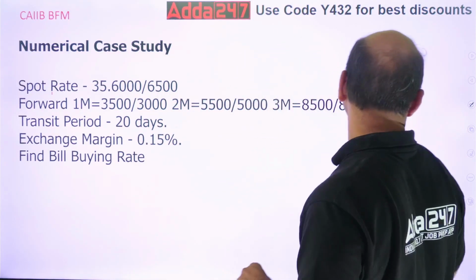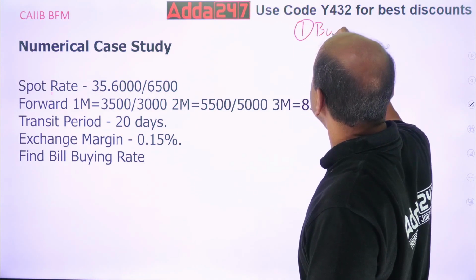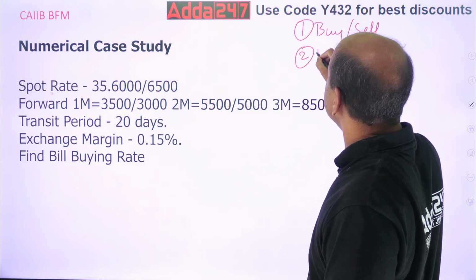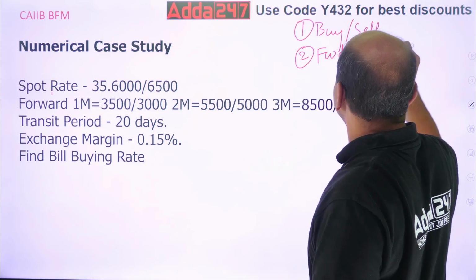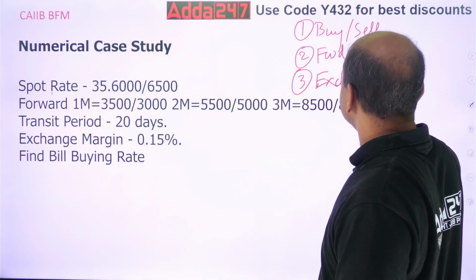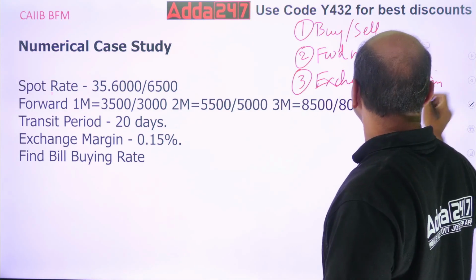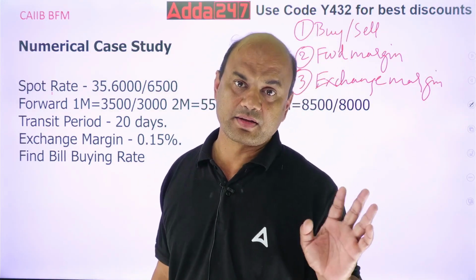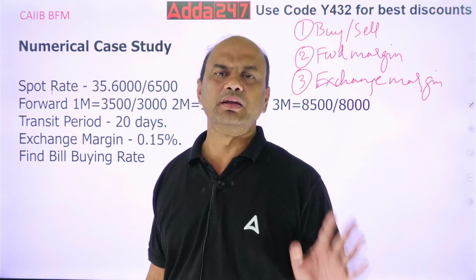So it is always buy or sell, then forward margin, and third exchange margin. Kindly note these 3 points you must never ever forget in any forex problem. You must start in the same sequence only.